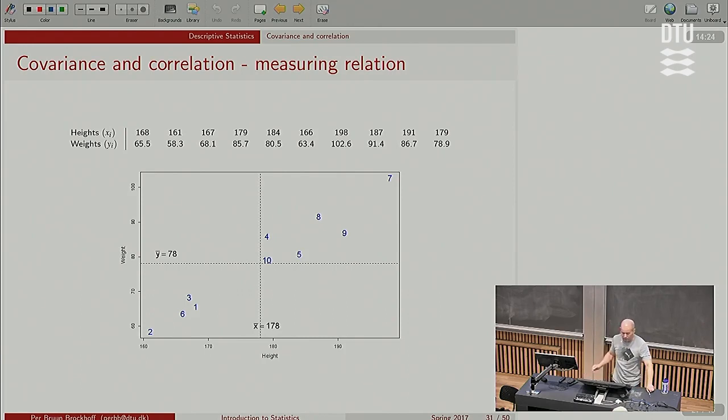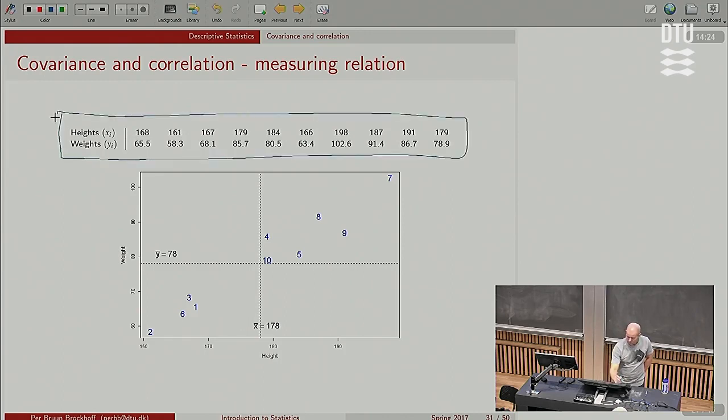So here's a plot of heights and weights. And I have made a so-called scatter plot. I see mean height here was 178 centimeters, mean weight 78 kilograms.